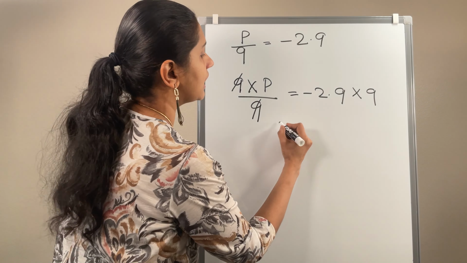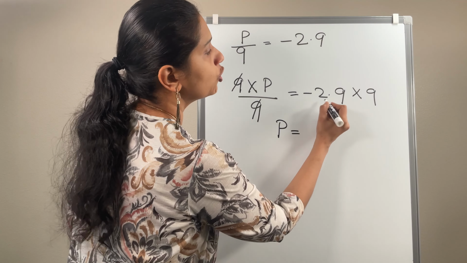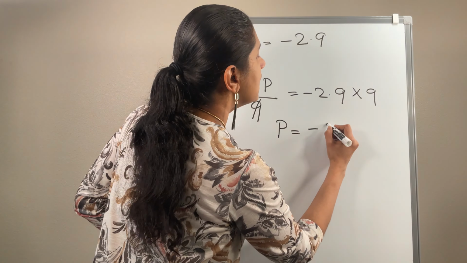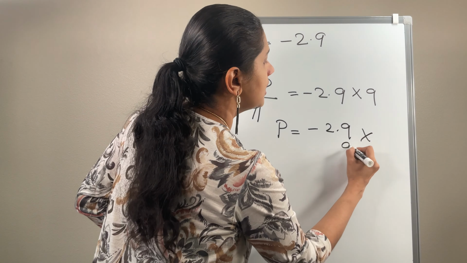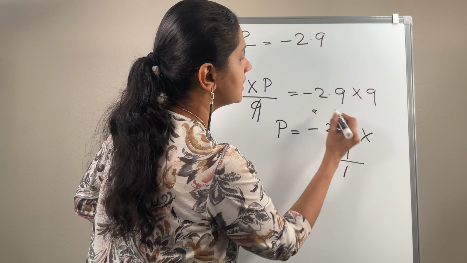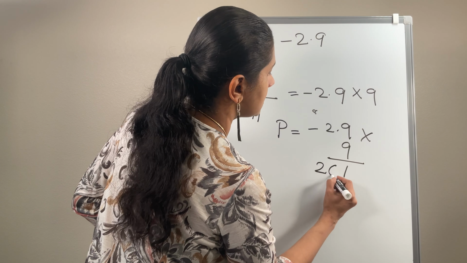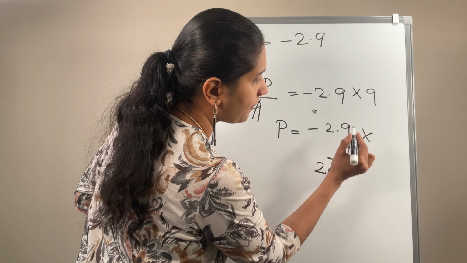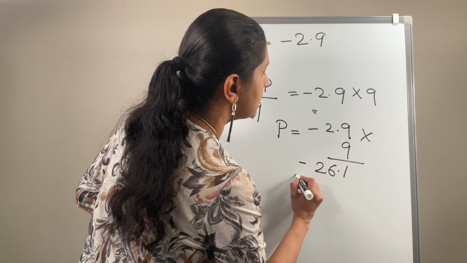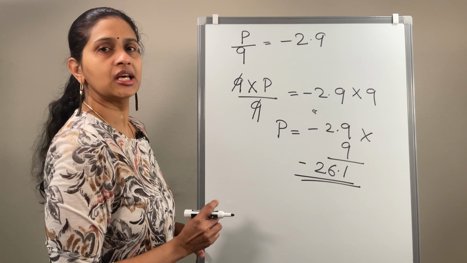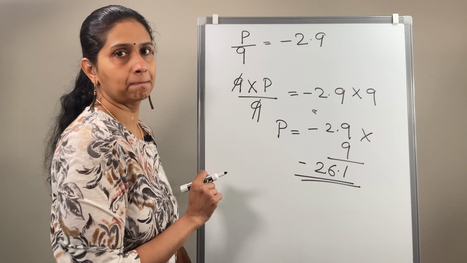So now you are left with p, that is equal to minus 2.9 times 9. 9 9s are 81, 8 balance, 9 2s are 18, 18 plus 8 is going to be 26. And we have one number after the decimal, so minus 26.1 is going to be the value of p.